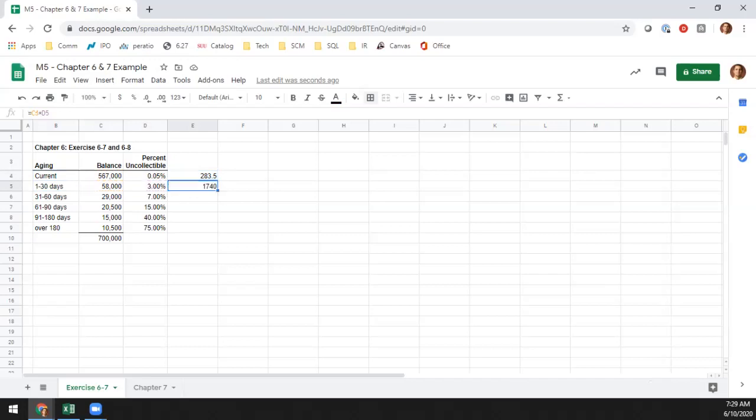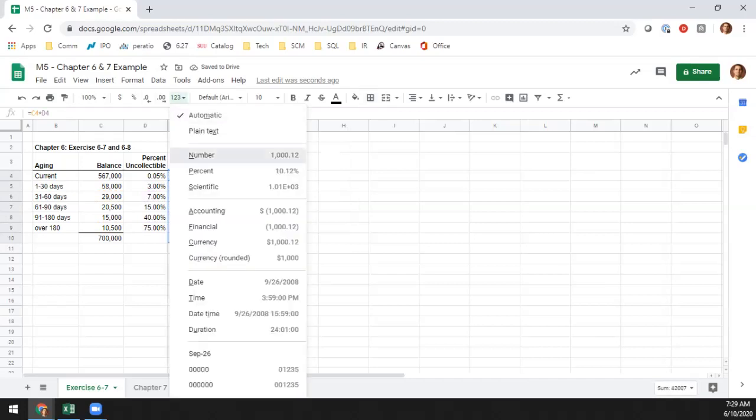Okay, I think I've shown you this before, but that little box right there, if you click and hold, you can drag that down and it'll copy that same formula all the way down your spreadsheet. Okay, so let's add that up. Format it.